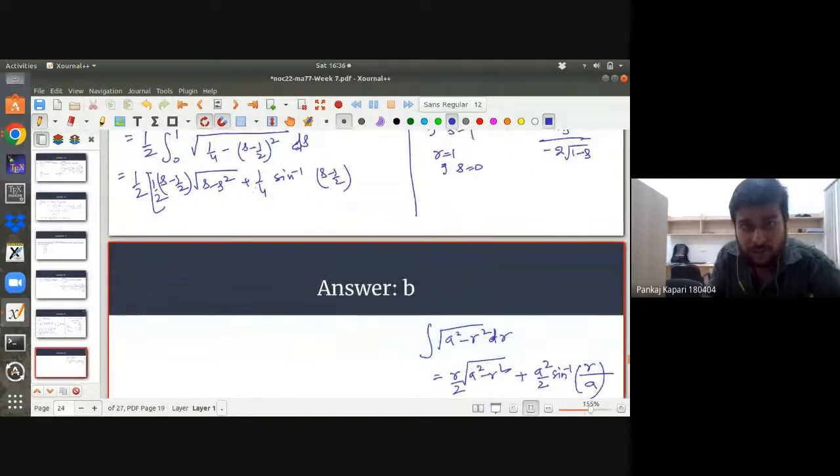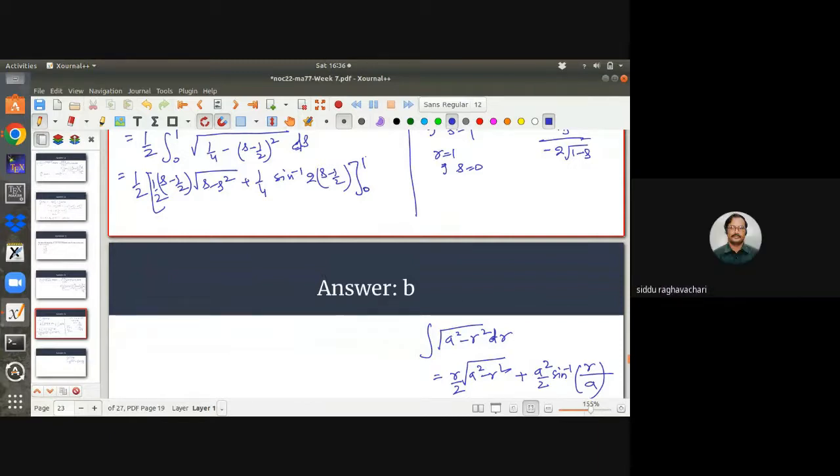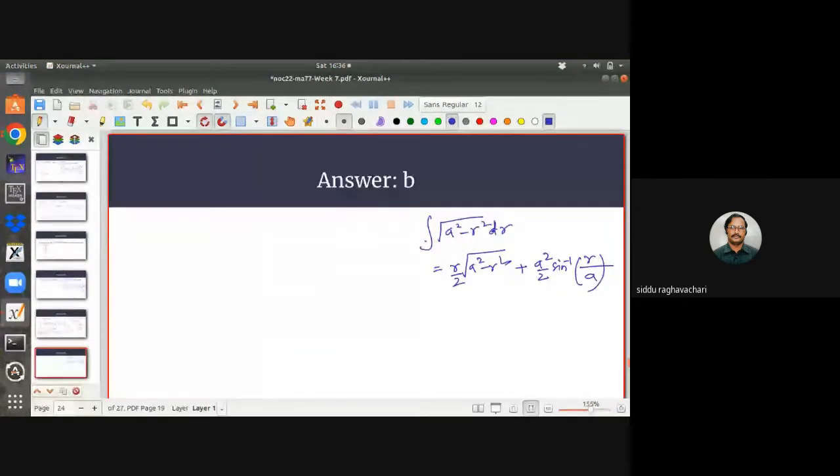So that is, you have to multiply by 2, and take this limit from 0 to 1. Limits not 0 to 1, 1 to 0, because if r equal to 1, s equal to 0.